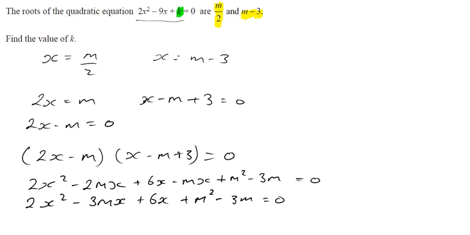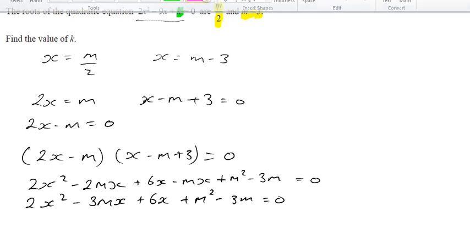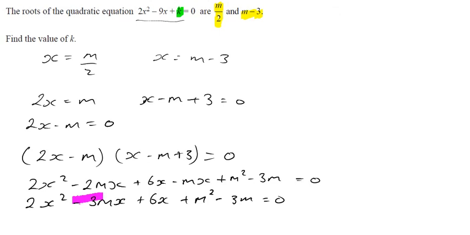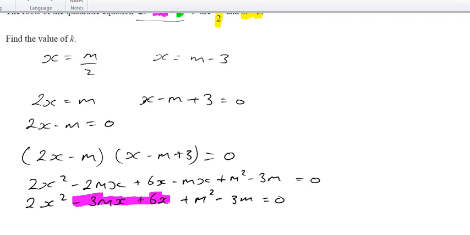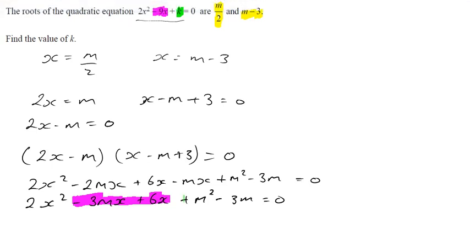If I look at this bit, the minus 3mx and plus 6x must be the same as my minus 9x because they're equivalent. And my k bit, well, that's all of this bit. So if I can work out what m is, I can work out what k is. So that's sweet because I can do that.